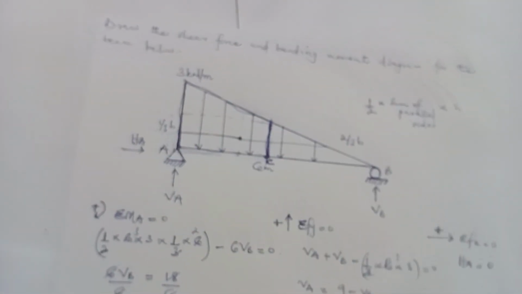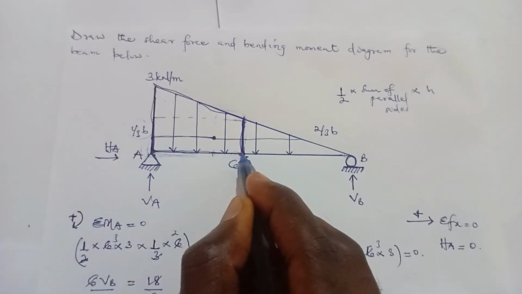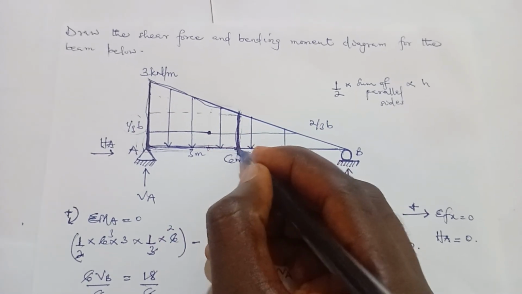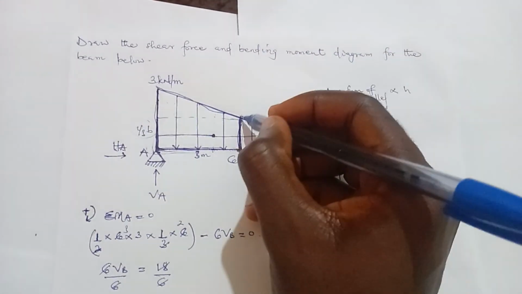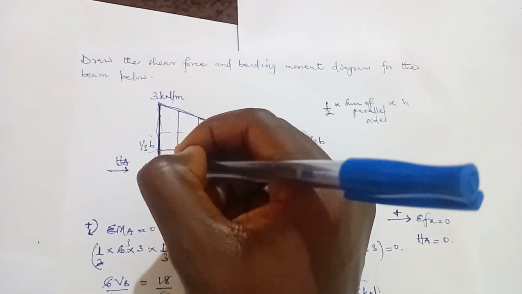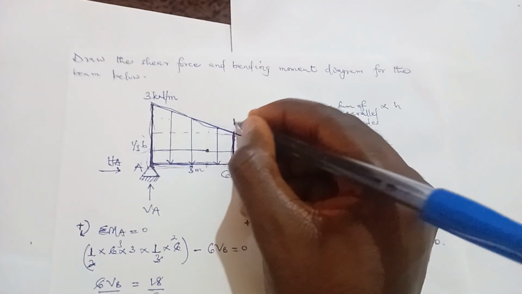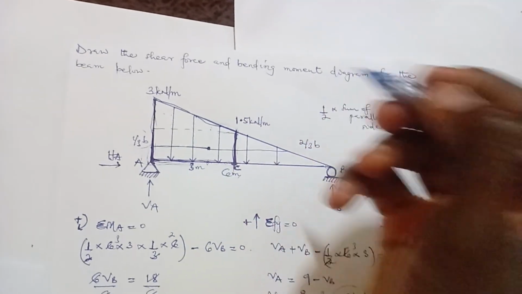And the perpendicular height is this. The perpendicular height is going to be 3 meters because it's at the middle. We're calculating the shear force at the midspan. So we know that this side is 3, but we don't know this side. But because it's acting at the middle, we can say that it's 1.5 kilonewton per meter.